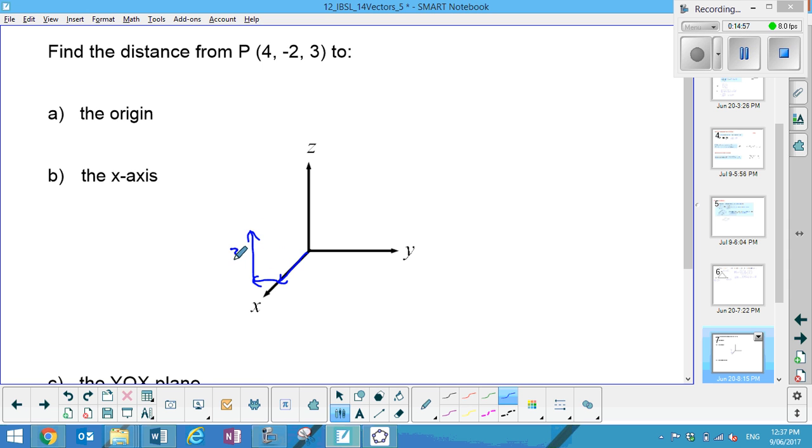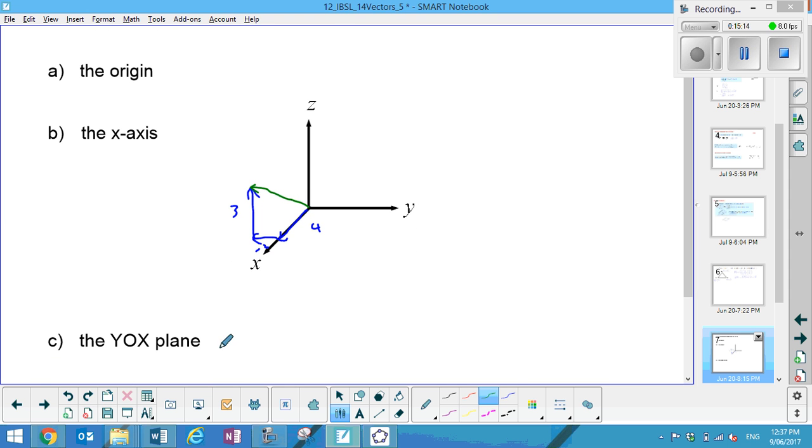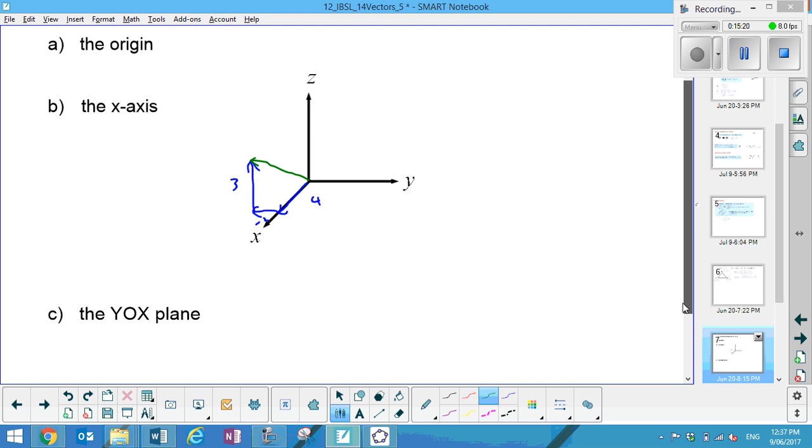So that's 3, this is -2, and that's 4. How far is it from the origin? You're trying to find that length. How far from the x-axis? I'll leave you to think about that one. How far is it from the XOY plane? I'll let you think on that one, and we'll talk about those in class.